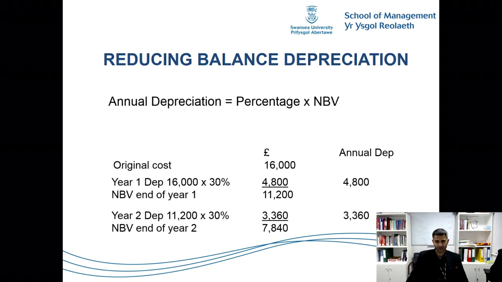That's 7,840. Then the depreciation in year 3: 7,840 times 30% equals 2,352, which is the depreciation in year 3.